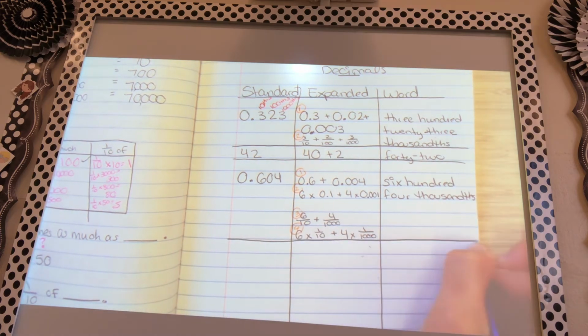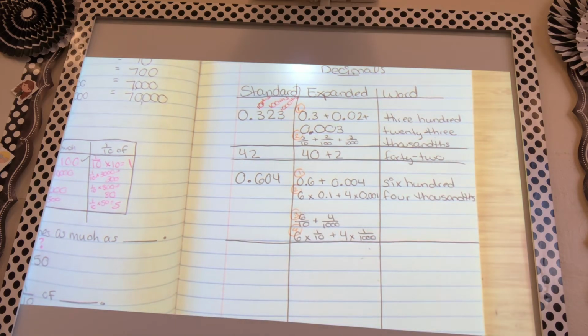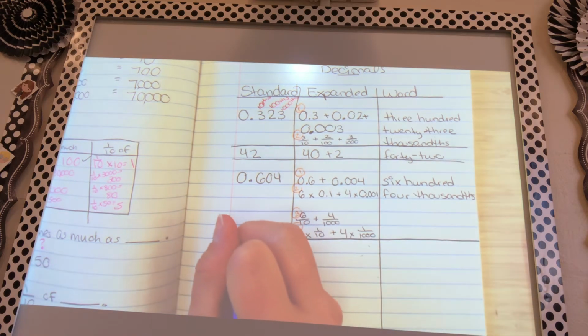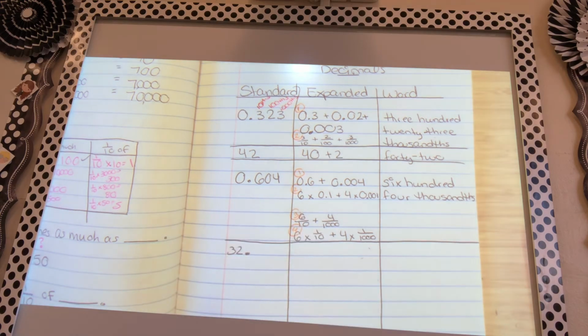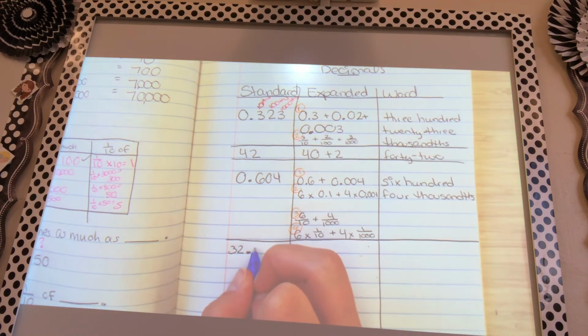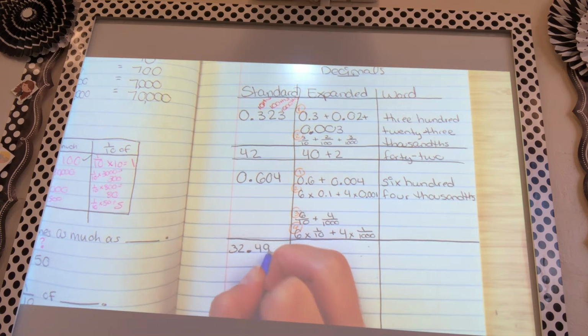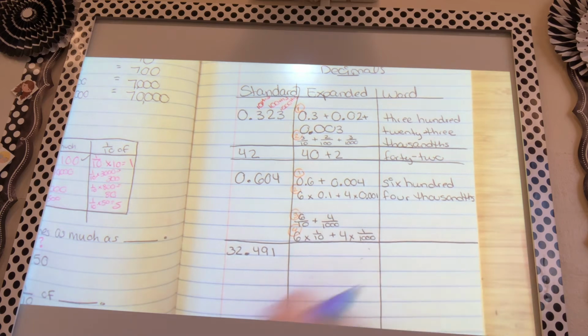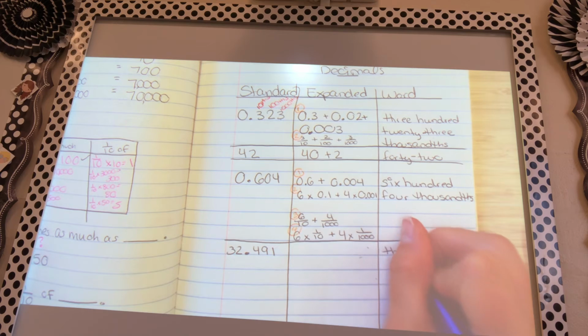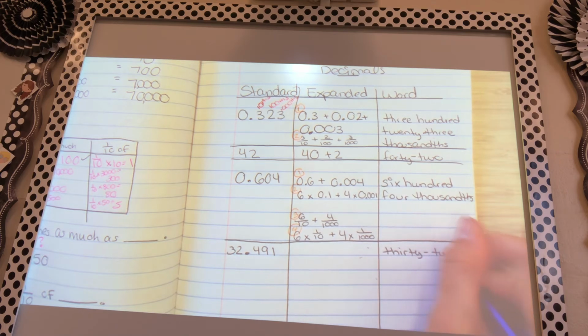So let's see if we have a whole plus a fraction less than 1 or a decimal. So let's say I have 32 and 491 thousandths. So this is a big number. I'm going to first write it how I read it, and I have 32.